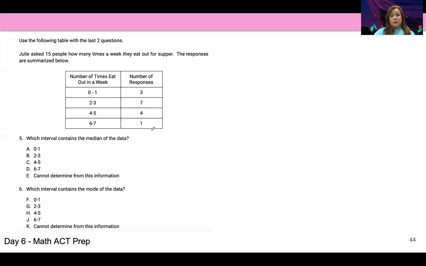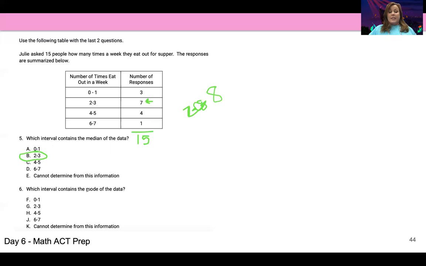Well, there's a total of 15 responses. 15 divided by 2 is 7.5, so the 8th one is going to be the median. If we start at the top and go to 8, we find it here. Even if we start at the bottom, the 8th one is going to be here. So our median is in the 2 to 3 times a week.